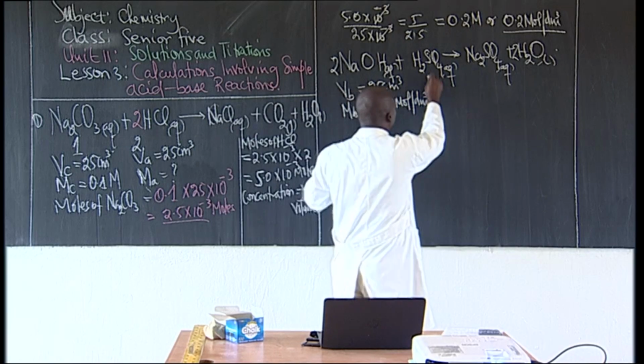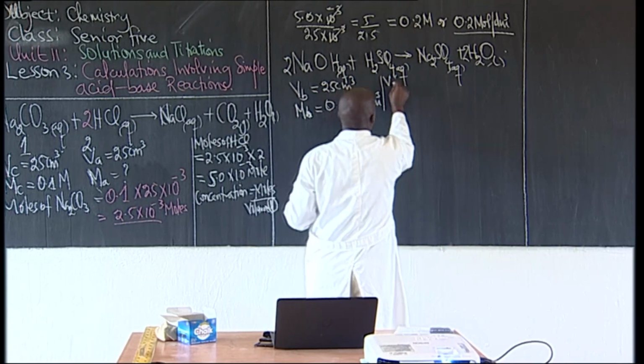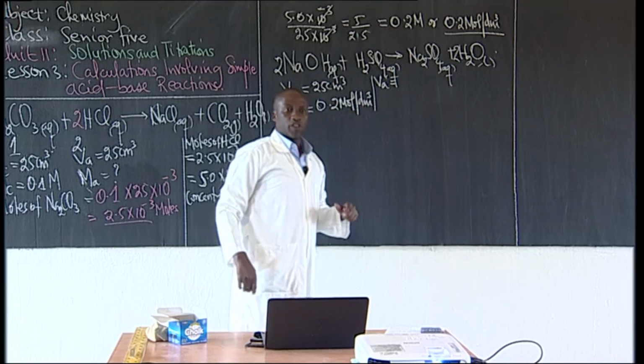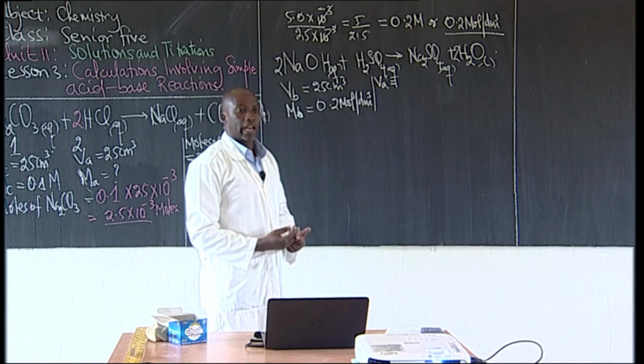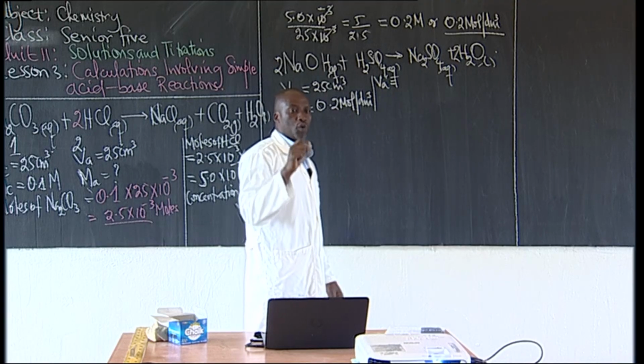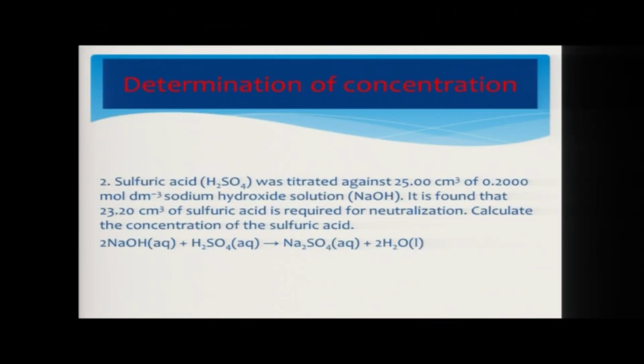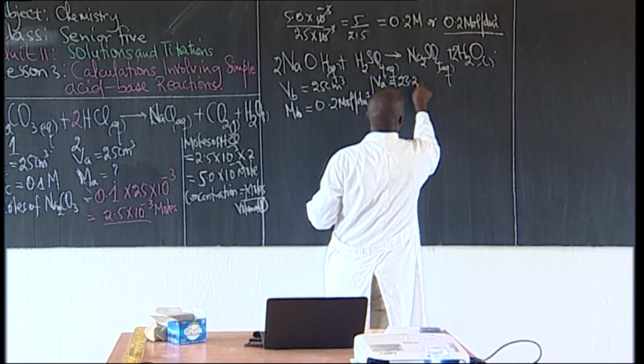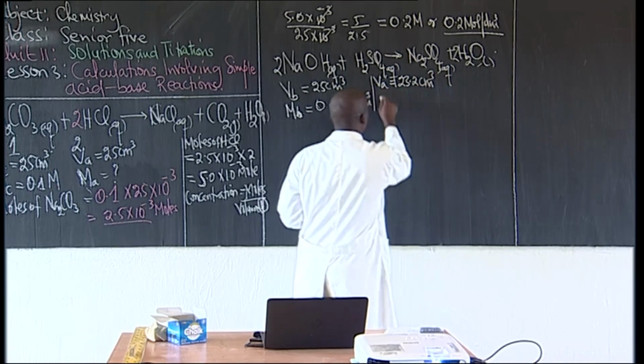So you look at the volume of the acid. It was found that 23.2 of sulfuric acid was required for complete neutralization. So that is the volume of the acid, which is 23.2 cubic centimeters.